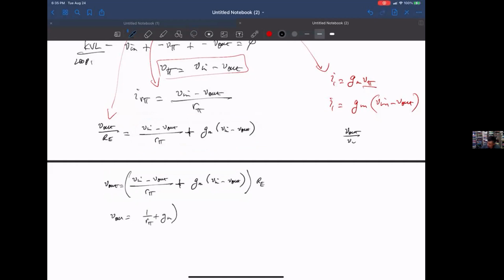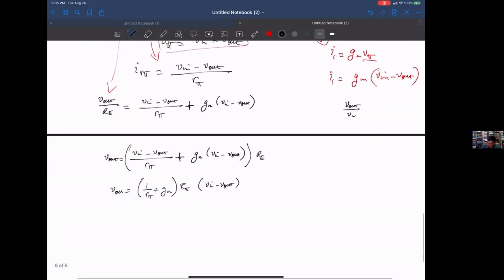This is just algebra, in which you can go wrong as well. And I often do, so I'm trying to be careful here, making sure I follow my notes, and then move the V out. Move everything over here.